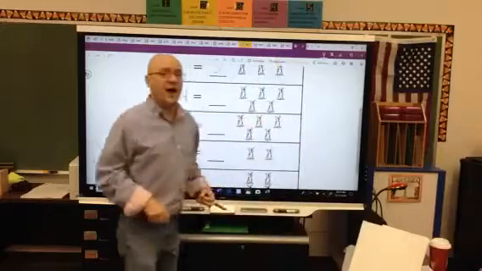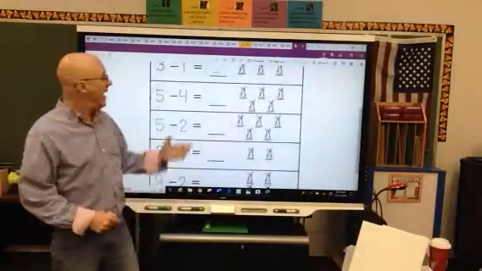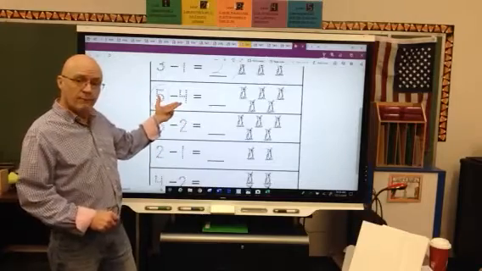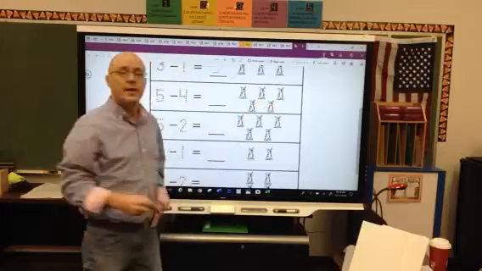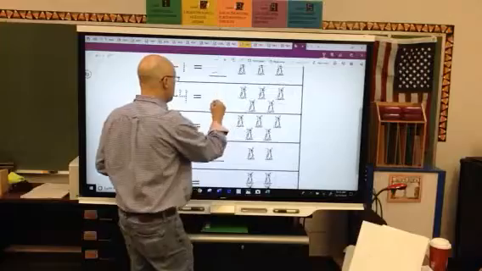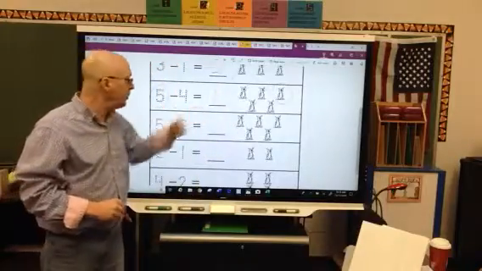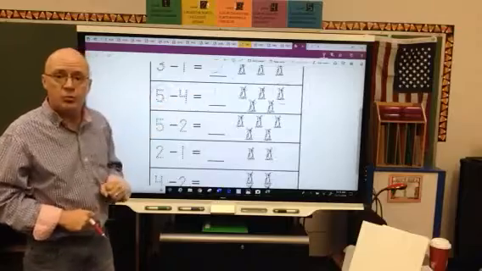So did we start with 5 bunnies? Let's see. 1, 2, 3, 4, 5. Yes, we did. How many did we take away? 4. 1, 2, 3, 4. And how many are left? 1's left. So 5 minus 4 equals 1, right? Or the difference of 5 and 4 is 1.